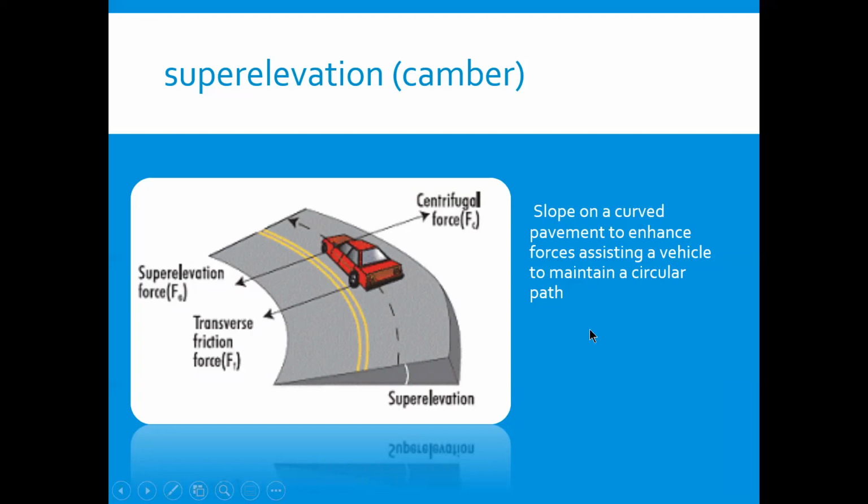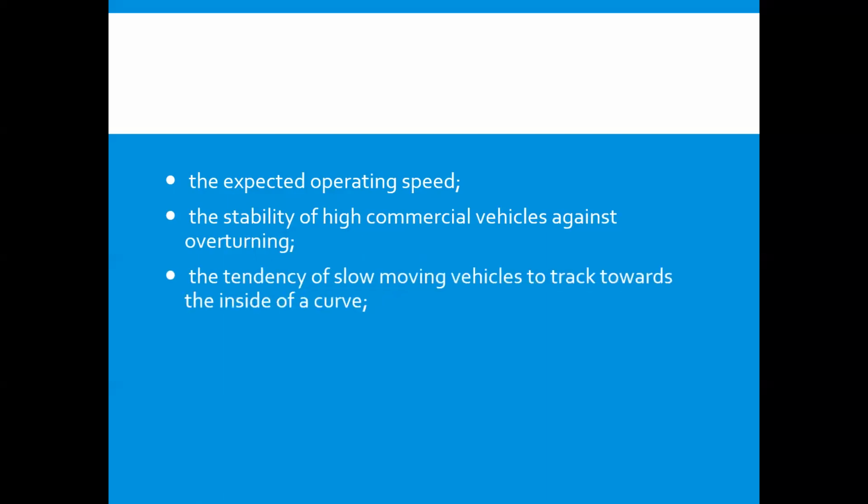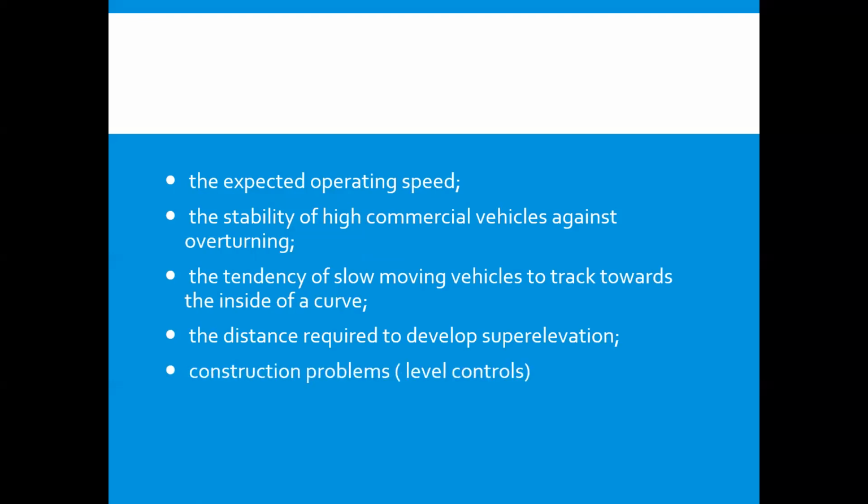Superelevation applied to major urban roads should take into consideration the expected operating speed for drivers negotiating the curve, the stability of high commercial vehicles against overturning, the tendency of slow-moving vehicles to track towards the inside of the curve, the distance required to develop superelevation, and construction problems, including level controls imposed by adjacent development.